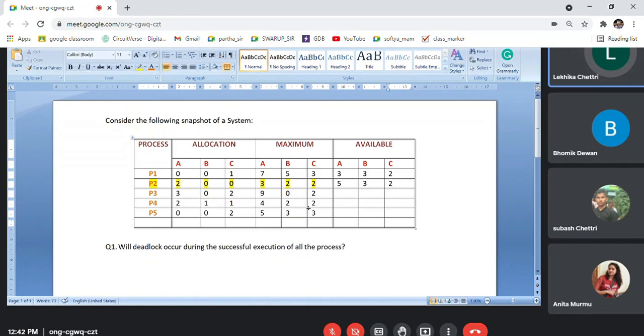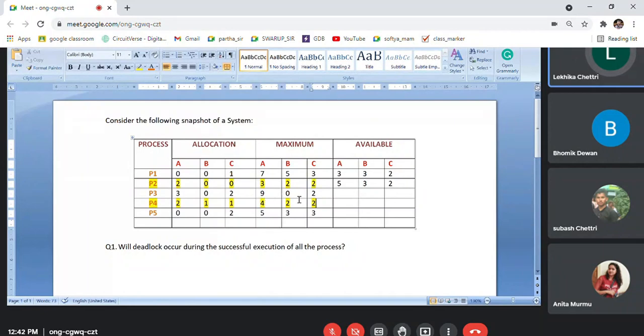See here, 422. So now if I allow P4 to execute after P2, because now I have 532 and it needs only 422, it will successfully complete the execution and also not enter into deadlock.